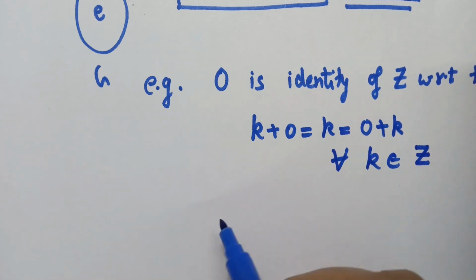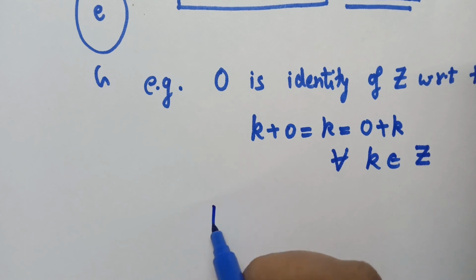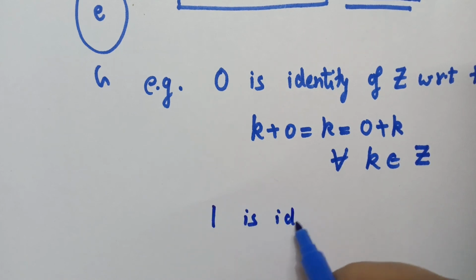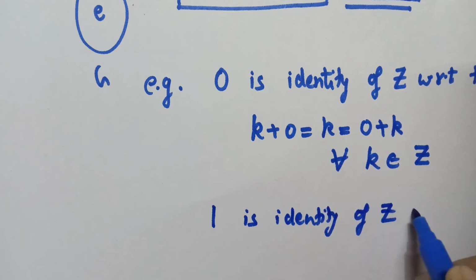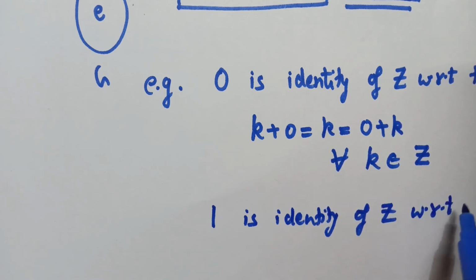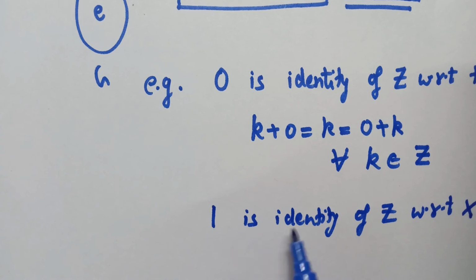Clear? Similarly, 1 is identity of the set of integers with respect to multiplication, because if we multiply any integer with 1, we will always get that integer.